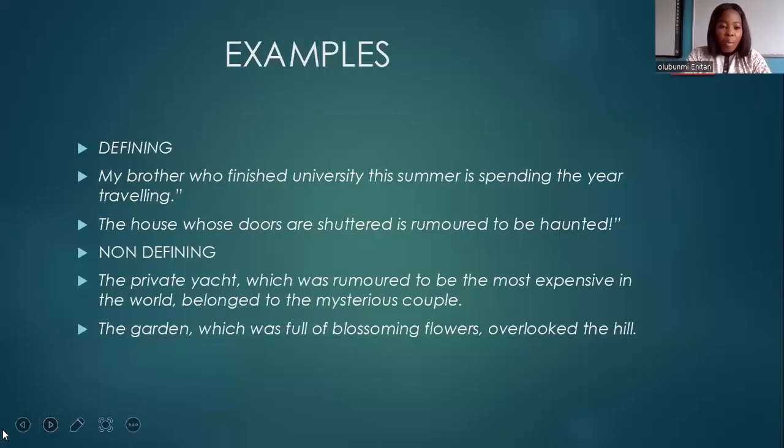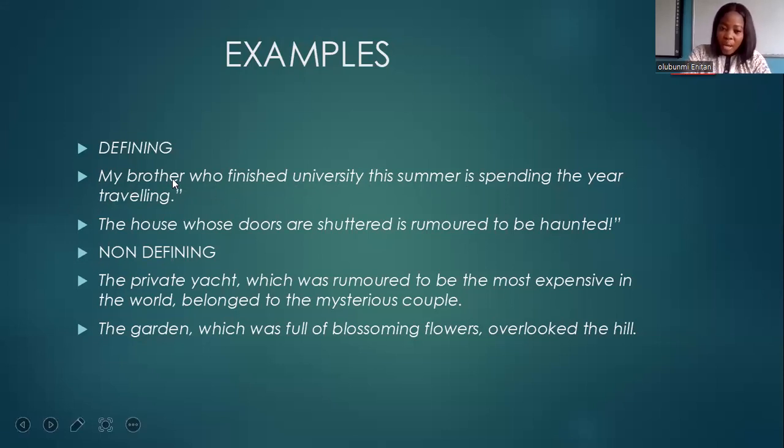Now let's see some examples. The defining: My brother who finished university this summer is spending the year traveling. We don't have double commas here. It is a very important part of the message. Let's look at the relative clause, who finished university this summer. We can say, my brother. The relative clause, who finished university this summer, is explaining my brother.